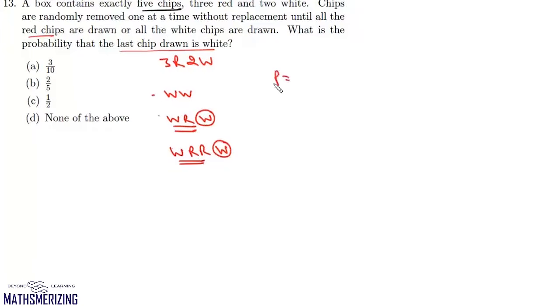The required probability will be, now this is white into white. Probability of drawing a white chip is 2 by 5 into 1 by 4, plus, in this case it will be 2 by 5, red is 3 by 4, and then white is 1 by 3, into, now we have two cases, WRW or RWW.